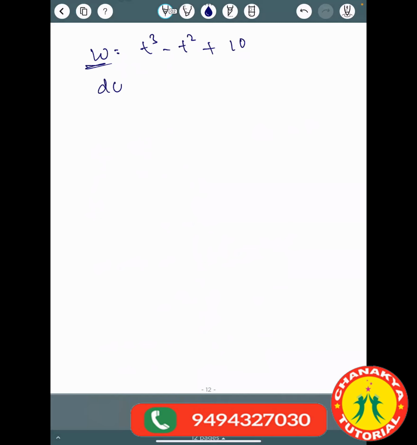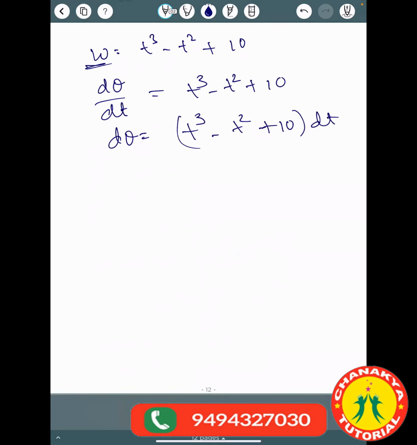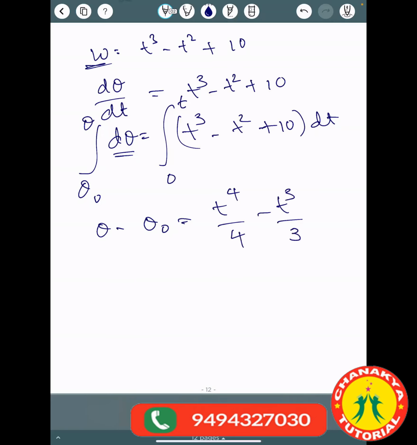Omega can be written as d theta by dt, which is equal to t cube minus t square plus 10. So d theta is equal to t cube minus t square plus 10 into dt. Integrate from initial to final, 0 to t. So theta minus theta naught is equal to t power 4 by 4 minus t cube by 3 plus 10t.